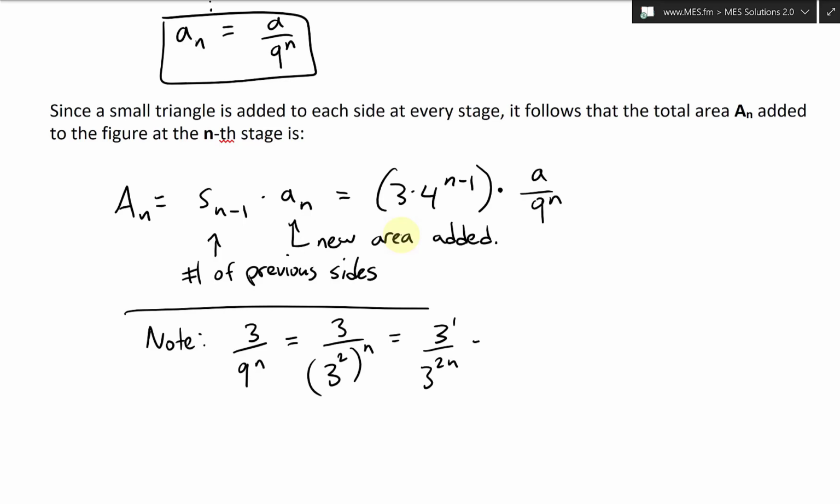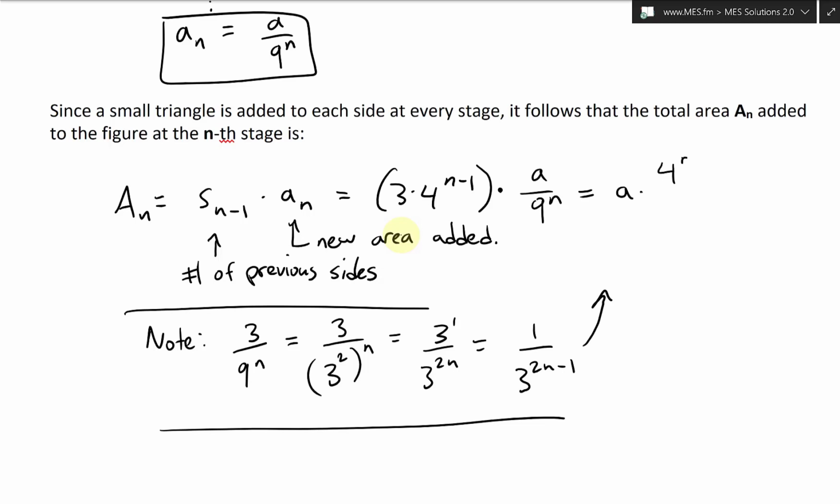And then now we can subtract this over. So we can write this as 3 to the power of 1, move that downward, so it's 1 over 3 to the n minus 1. All right, so we have this, and then we could throw that inside. So this equals a times 4^(n-1) over 3^(2n-1).